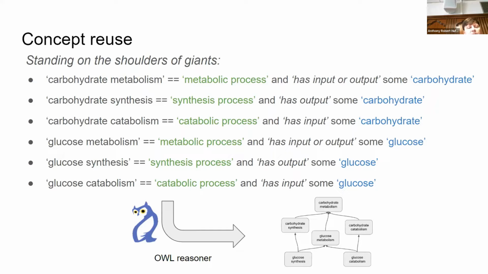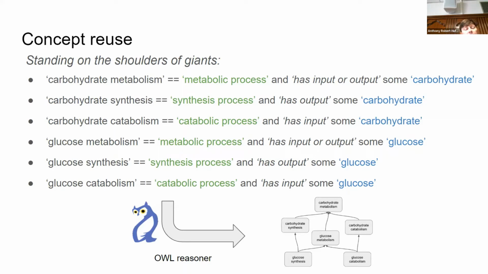And so you have this logical definition, where carbohydrate metabolism is the intersection of everything that's a metabolic process and also things that have input or output some carbohydrate. By writing these logical definitions like this, we run this through an OWL reasoner, and it computes the exact subsumption relationships between all of these classes.